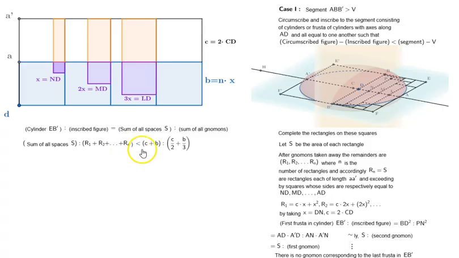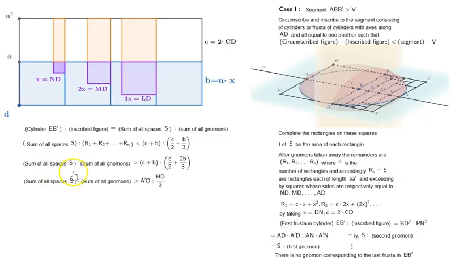is less than C plus B is to C by 2 plus B by 3. This comes from proposition 2 of On Conoids and Spheroids, which means the sum of all spaces S is to the sum of gnomons is going to be greater than C plus B is to C by 2 plus B by 3, that is, greater than A prime D is to HD by 3, because this ratio boils down to this based on proposition 2.